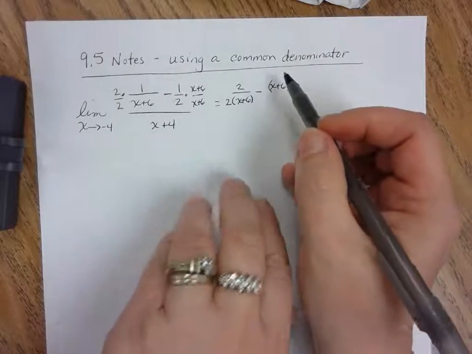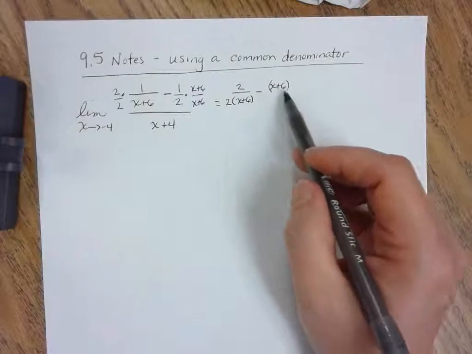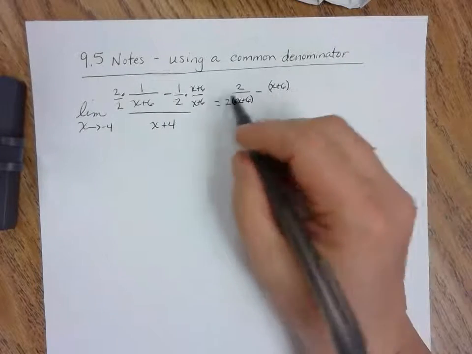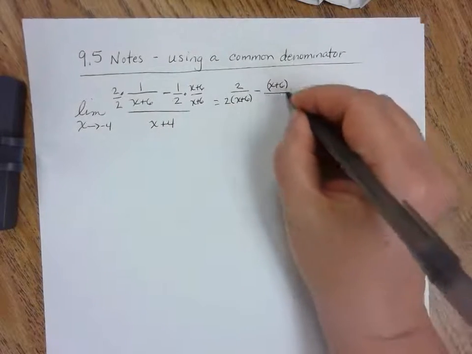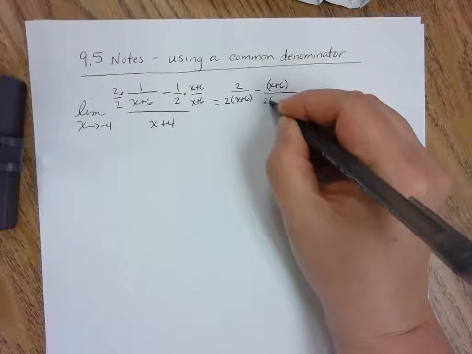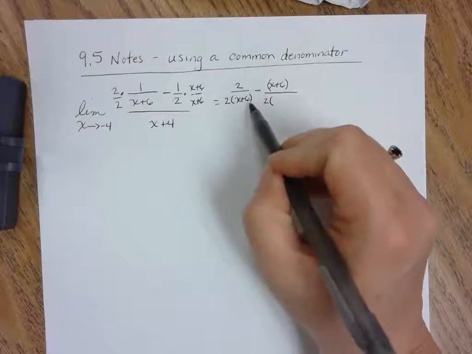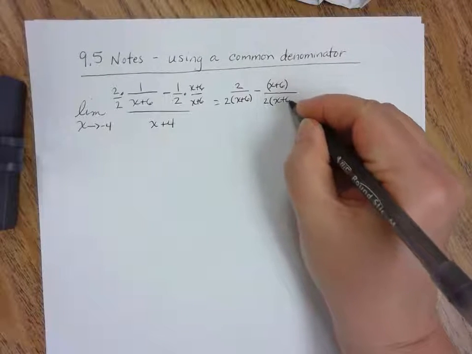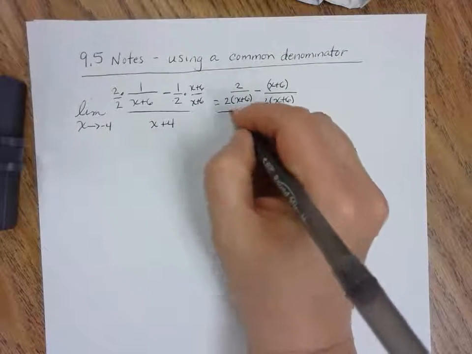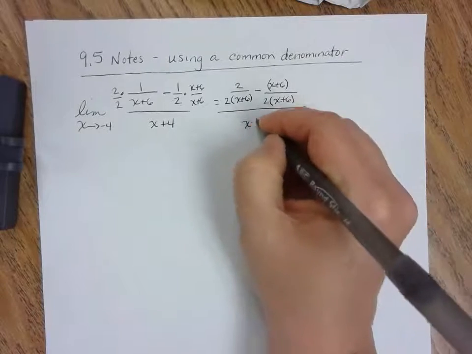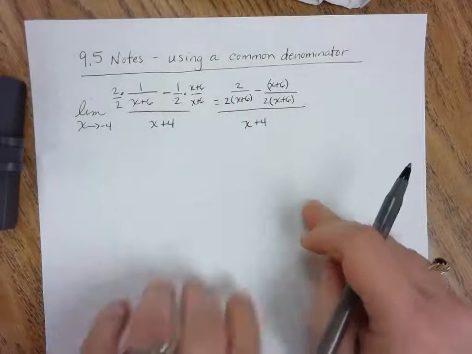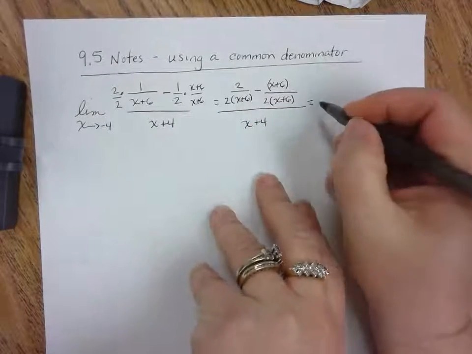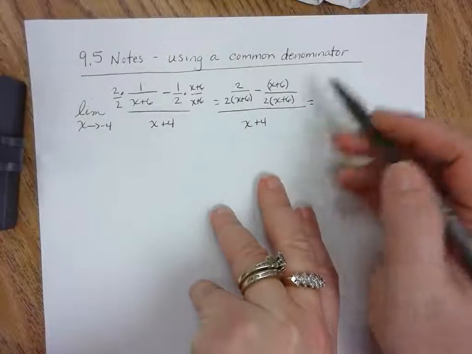Mentioned that in an earlier video. It's always a good habit to put these binomials in parentheses. In my denominator, check it out, a matching common denominator with the first fraction of 2 and an x plus 6. All of that remains over x plus 4. We'll deal with that denominator later. Let's go on and figure out what we've got in the numerator.